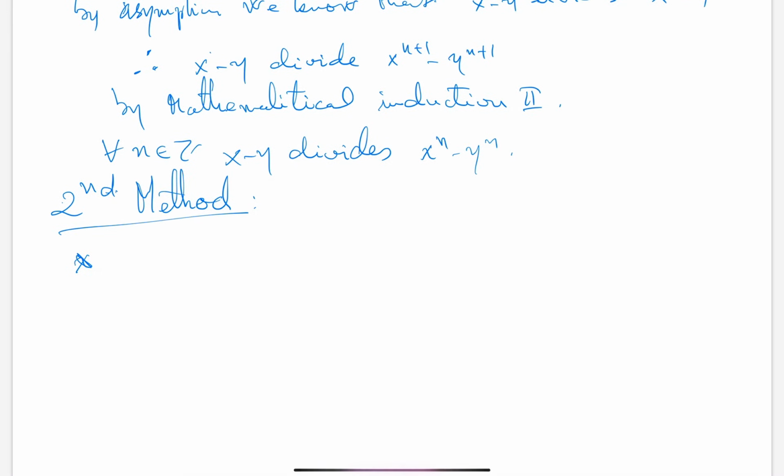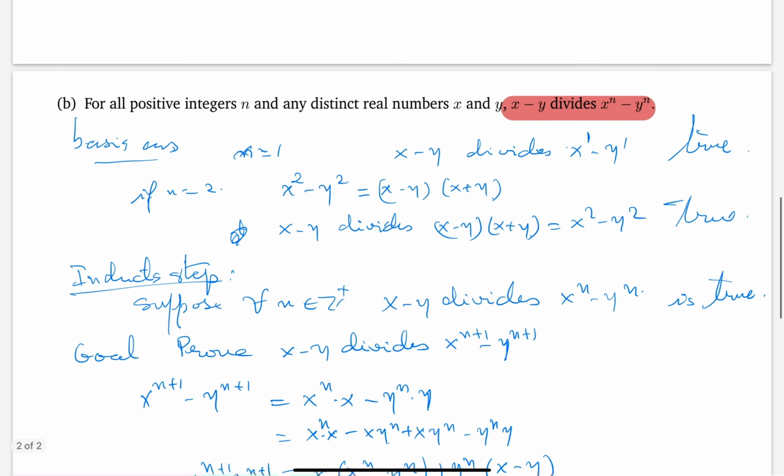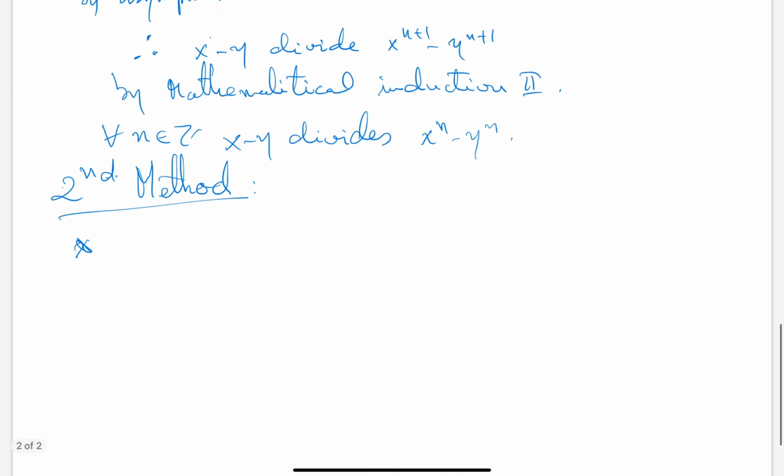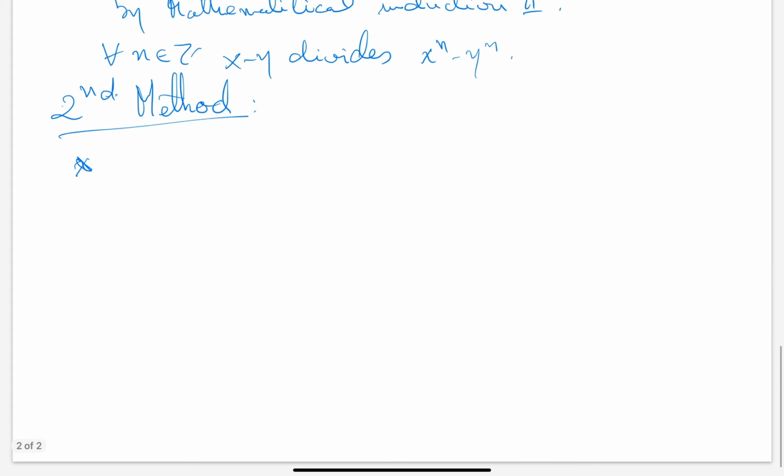Okay, base case, you can check the first one, the base case first. The base case is fine. I just want to show you the inductive step. So the inductive step is when you go to n plus 1, x to the n plus 1 minus y to the n plus 1. Here, when we factorize, we can tell.